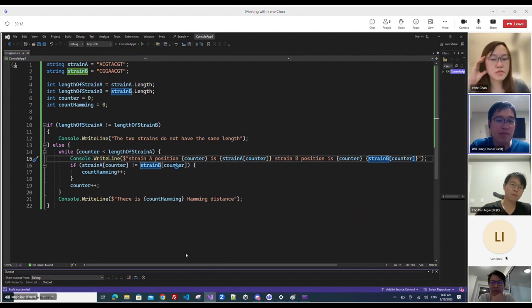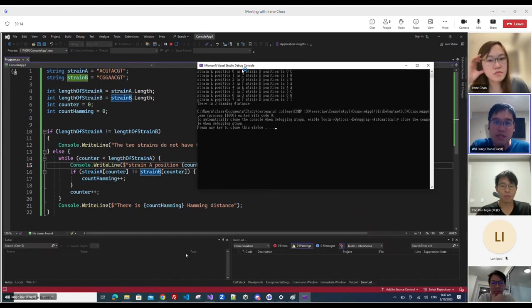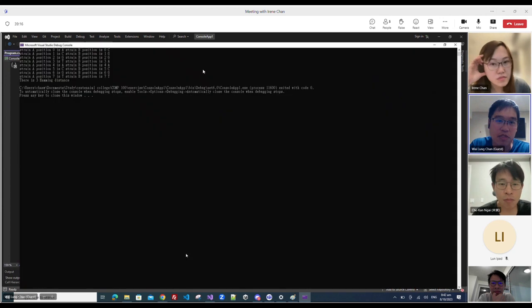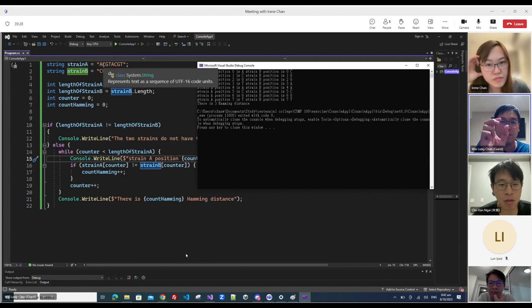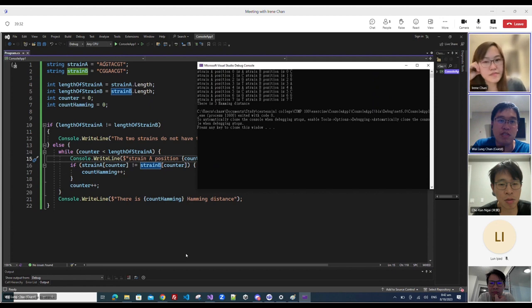So we can output more here. You can see here the string A position 0 is A. Can you see this one? And the string B position 0 is C. So they are actually breaking into very small letters. The position 1 is C here.